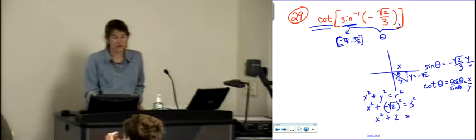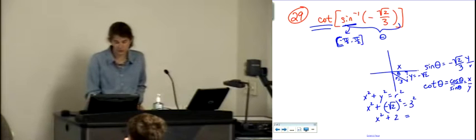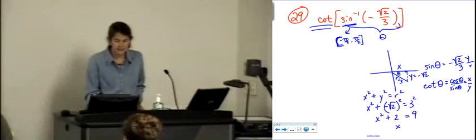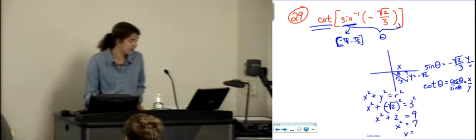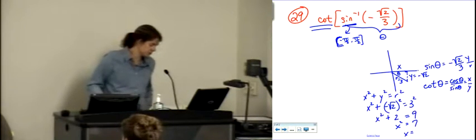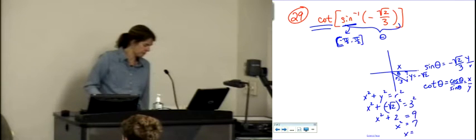So x squared plus 2 equals 9. So x squared is 7, and x is going to be positive or negative square root of 7. Which one?